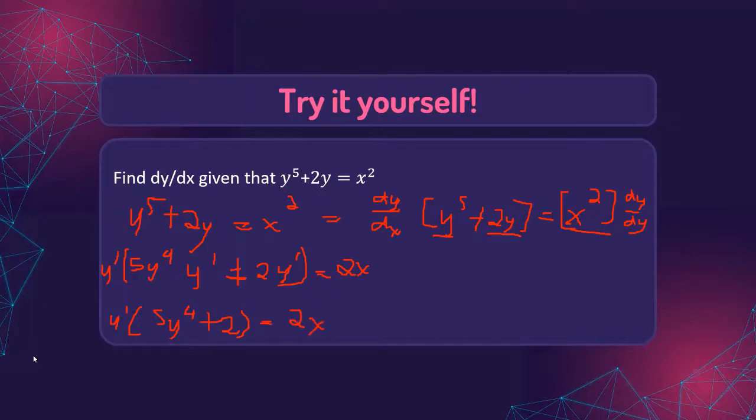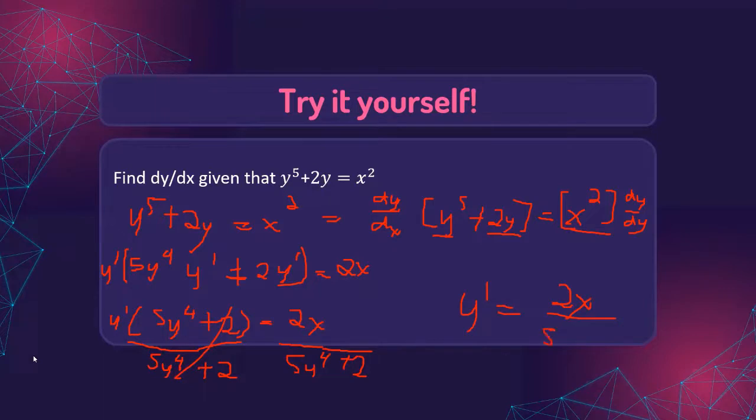Since we already factored y prime out, we will now divide both sides by 5y raised to 4 + 2 in order to cancel it, so that y prime will be the only one remaining on the left side. So our final answer would be y prime = 2x all over 5y raised to 4 + 2.